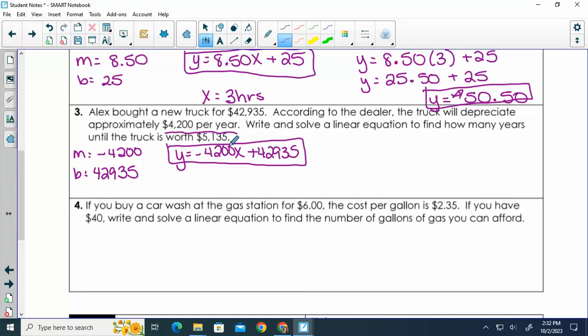So is that the x or the y that I'm giving you? I'm giving you the y. The years is the x. So my y is 5,135 equals negative 4,200x plus 42,935.